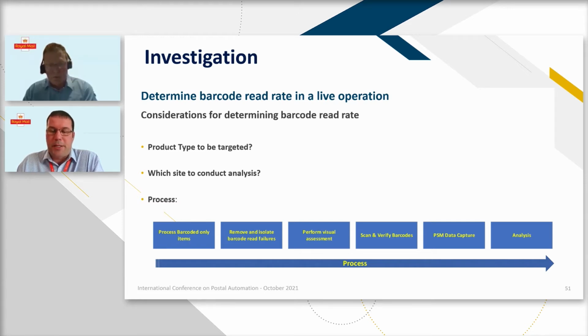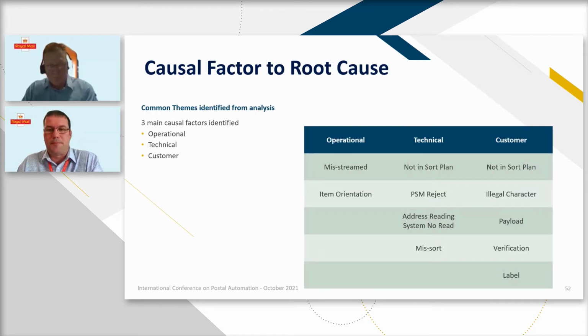The analysis phase would then be done offline in the office or at home, as we were working due to COVID, and we would cross-match all this information using Excel, using the barcode data as the linkage to identify the causal factors and the root causes of the reader errors.